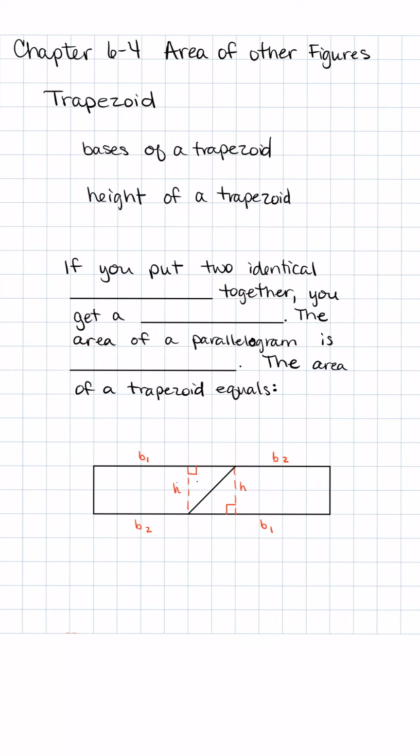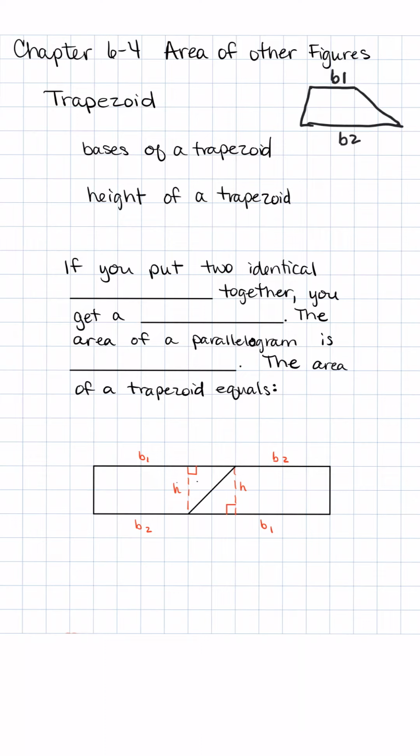The height of a trapezoid, so let's go ahead and draw that. So a trapezoid could be something that looks like this. Okay, so this is going to be B1 and B2.